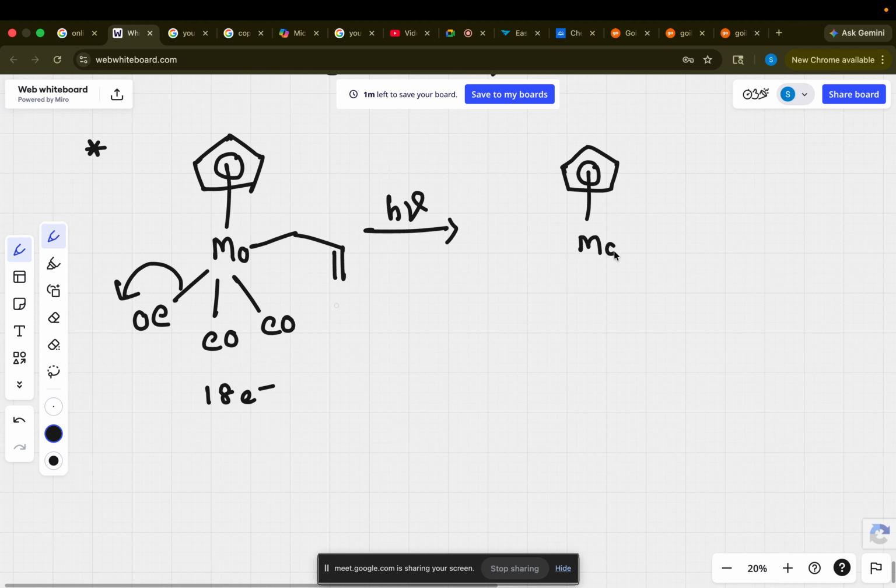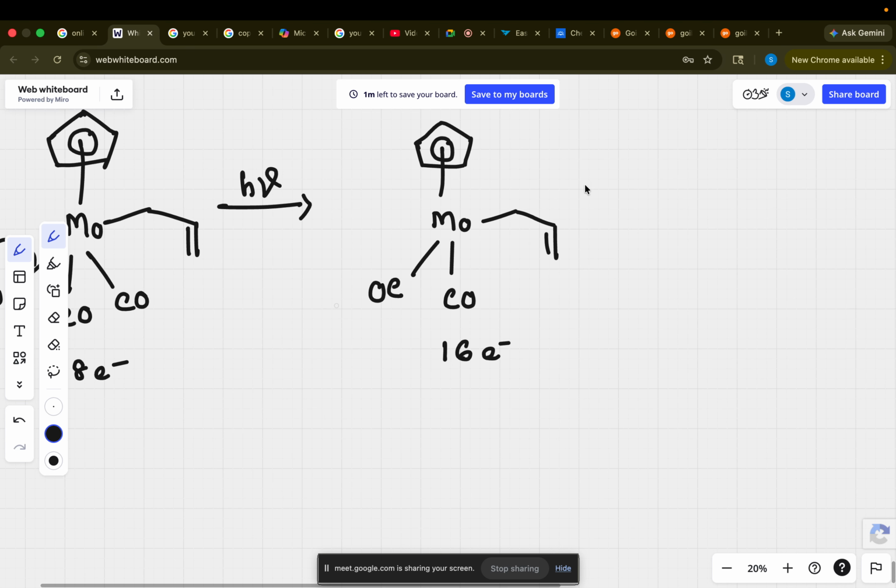Here you have molybdenum. Here you have two carbonyls, 1 2. So now I am getting 16 electron, right? And now if this double bond, next step will be what? It will donate.